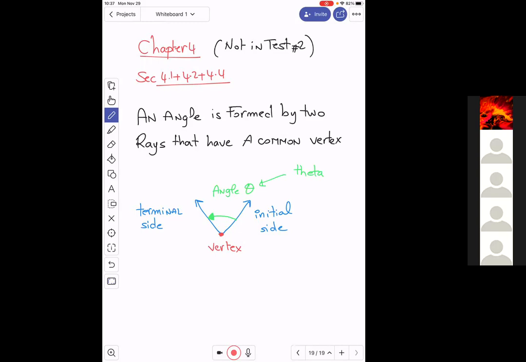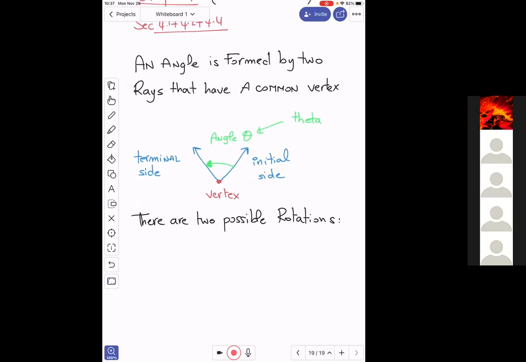There are actually two possible rotations: a counterclockwise rotation and a clockwise rotation.